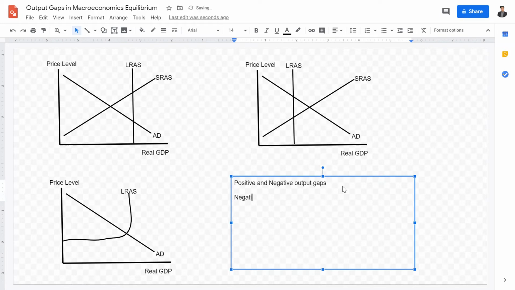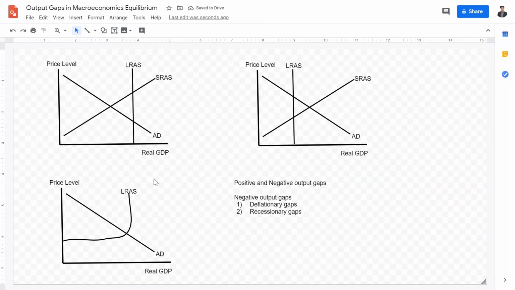So negative output gaps are also known as deflationary gaps or recessionary gaps. So these are also negative output gaps, regardless of what they call them. Right here, what we see is short-run aggregate supply at the intersection with aggregate demand has higher real GDP than the long-run aggregate supply.